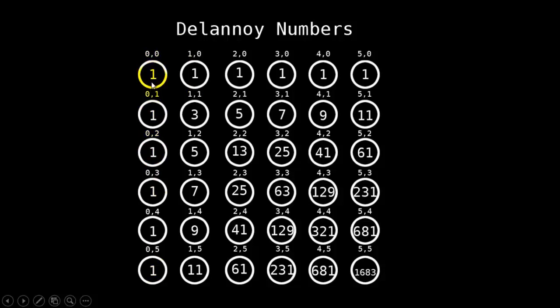Because notice, if you go southeast, you have to come southwest. That's the direction you're not allowed to move in, traverse with in Delannoy numbers.